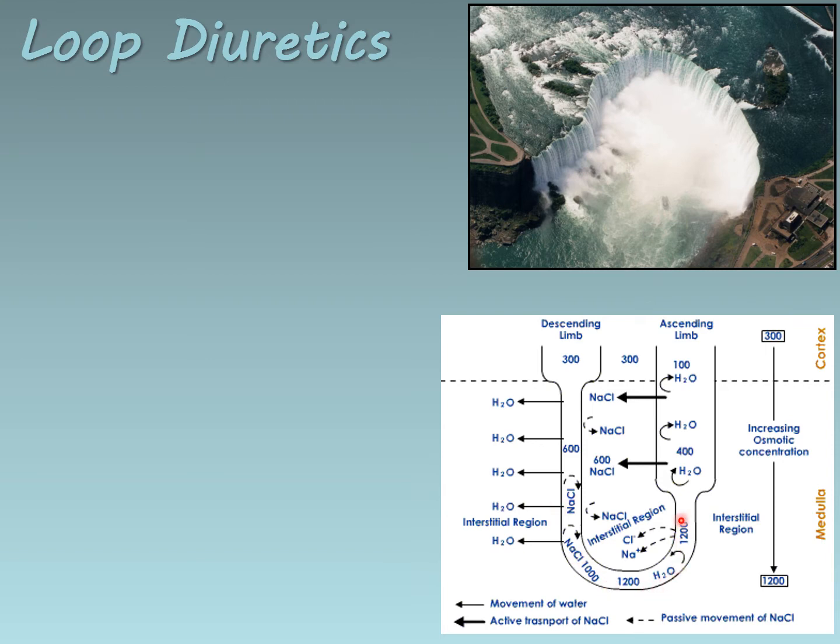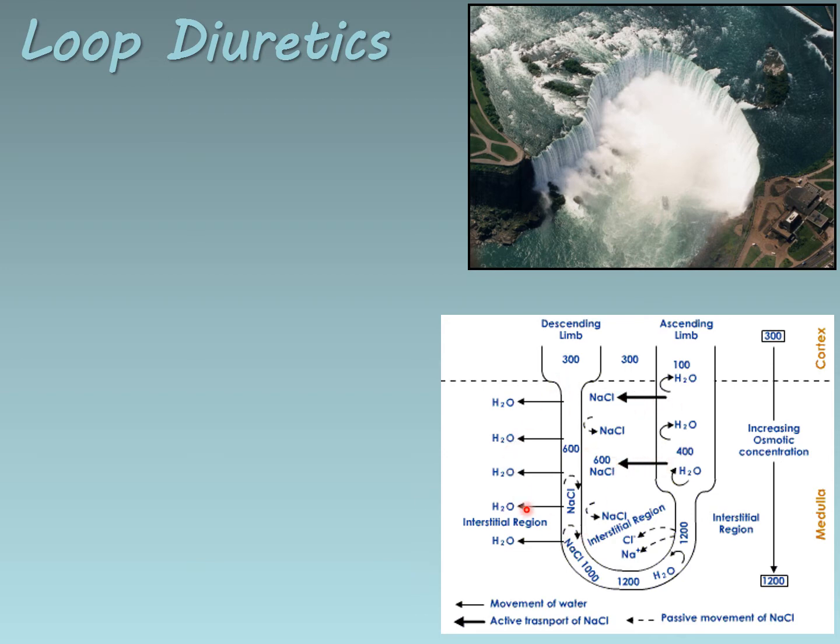On the ascending loop of Henle, the ascending loop is virtually water impermeant. That is to say, water doesn't move, but nevertheless the osmolarity is dropping, and that's because we are selectively transporting sodium using secondary active transport. So we're moving the sodium out.